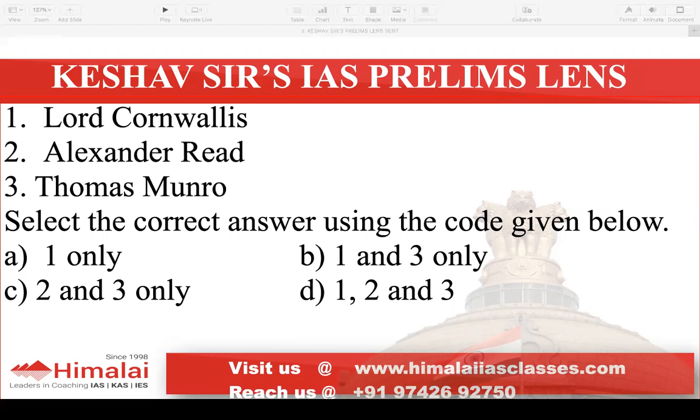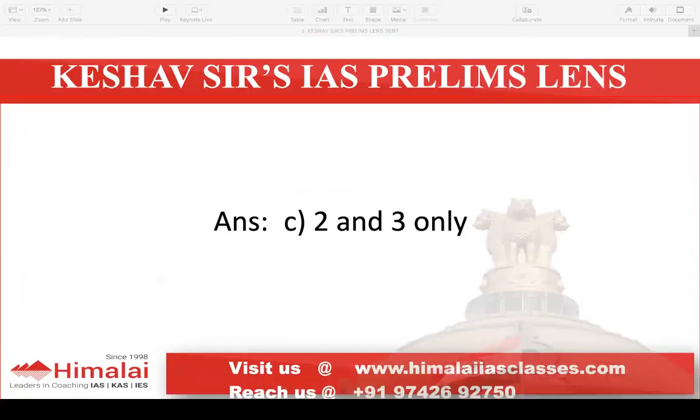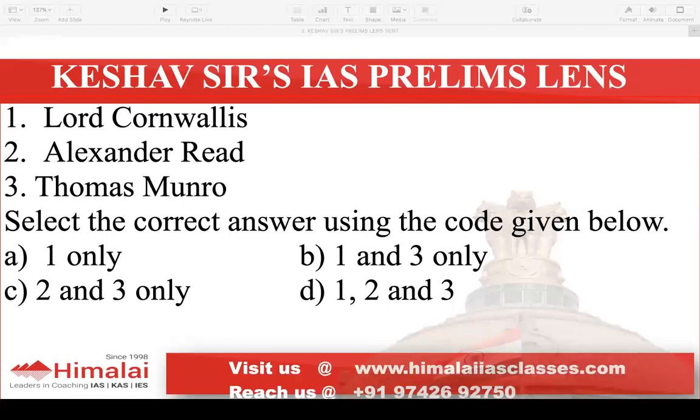Rayatwari system is associated with Alexander Reed and Thomas Munro. So the answer would be C, 2 and 3 only. If you look at statement 1, Lord Cornwallis had introduced permanent settlement system in 1793. He is also known as the father of civil services in India.